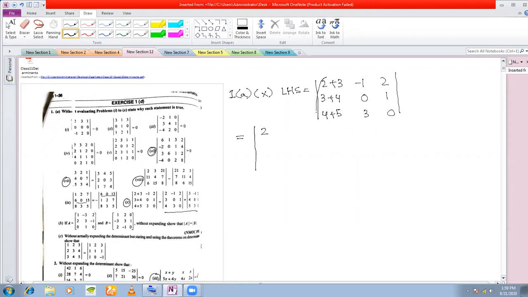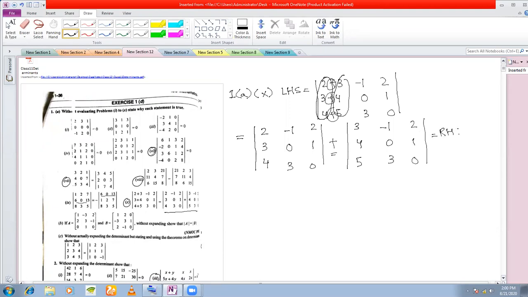You will write 2, 3, 4 first, this one, 2, 3, 4, and my second column will remain as it is. And then you have a plus sign here. And then you write 3, 4, 5 and minus 1, 0, 5, 3, 2, 1, 0. This follows directly from the property. There's nothing to do here. Okay, it is equal to RHS.